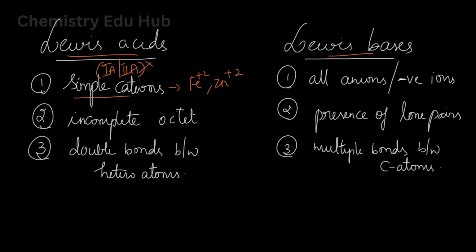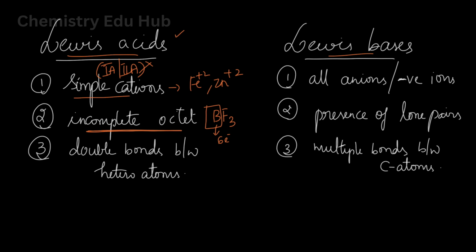And the molecules in which the central atom has an incomplete octet, for example boron trifluoride, as we just saw, where the central atom boron has only 6 electrons, that is less than 8. In such a case, to get the octet configuration, they will act as Lewis acids.